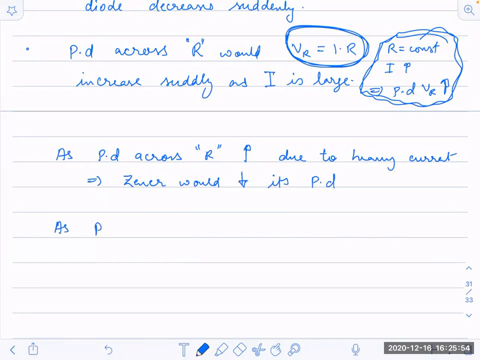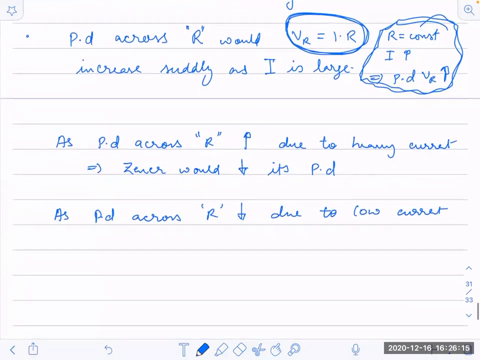Now, as the potential difference across R decreases due to low current, is it okay? If the potential difference across the R decreases, what happens?